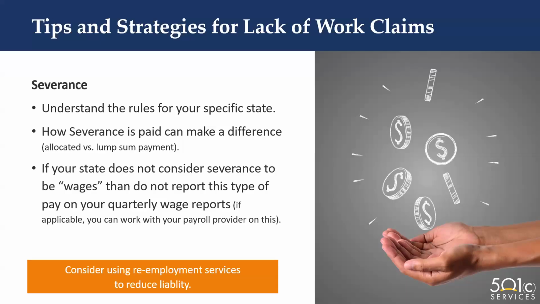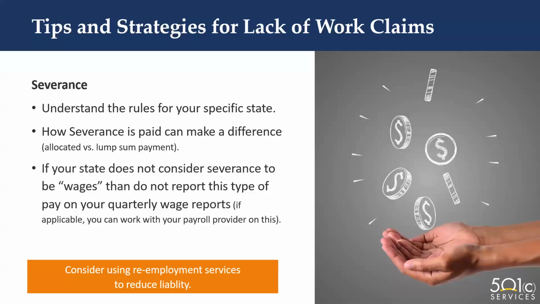It was paid in a lump sum, but they reported those payments as wages, like they would anybody else's wages, to the state on their unemployment reports. So when this person filed a year later for a new claim, those severance payments were included in the wages to make her eligible for a new claim. And as such, the employer would have been out of the base period based on the filing date had they not reported the severance.